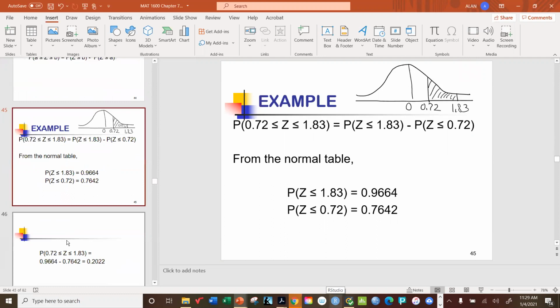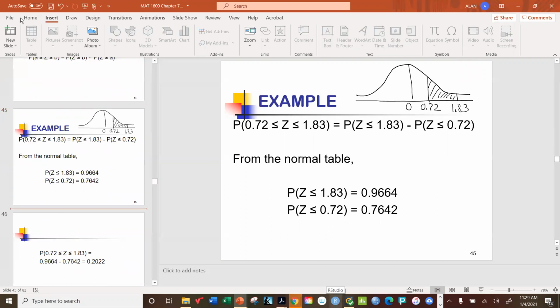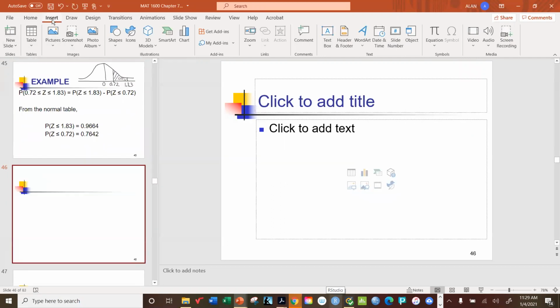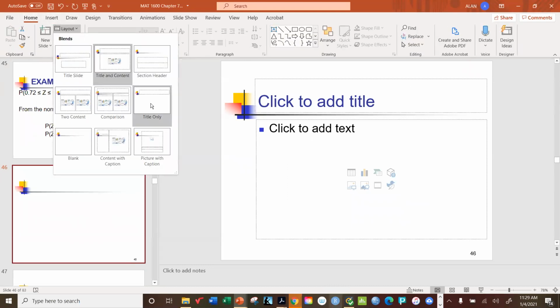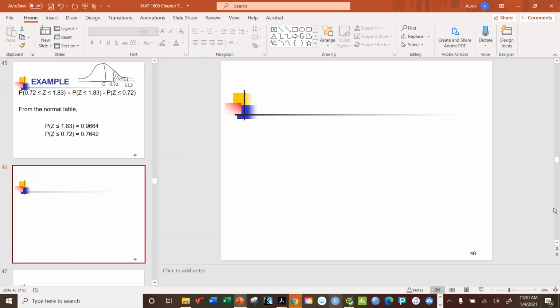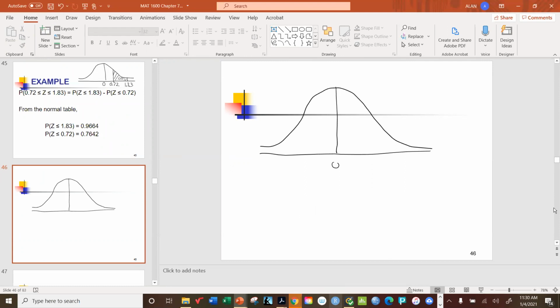We're going to use a clever strategy. Watch this. All right, so again, it's the area between 0.72 and 1.83. Now, watch this.